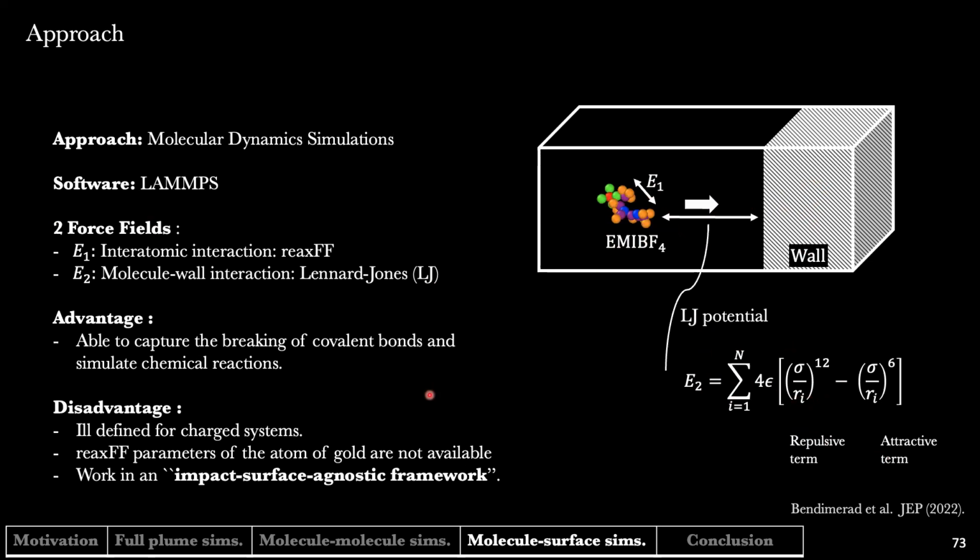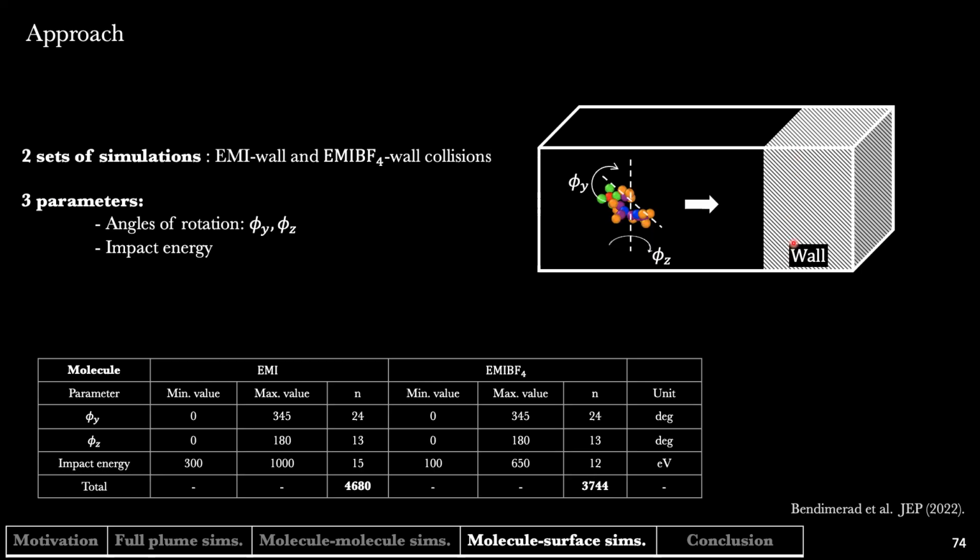Here again, we can capture the breaking of the covalent bond, but the disadvantage is that we have to work in an impact surface agnostic framework. So instead of having a real wall, we are using a potential wall. And here again, we do a statistical analysis by rotating the molecule about the y and z axes.